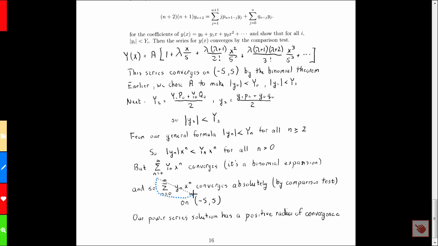We have shown that there is some interval from minus capital S to S on which the series we crank out by our power series expansion method has the property of converging. The power series solution has a positive radius of convergence.